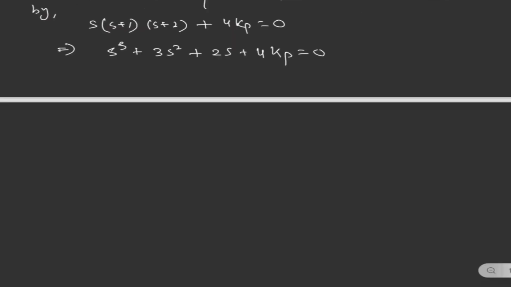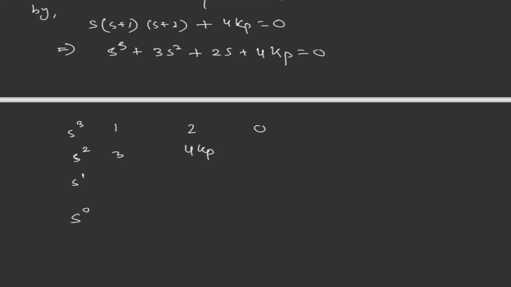Routh array, the way we have done during the study of Routh stability criteria. So the highest power is 3, so the rows will start from S3, S2, S1, S0. For S3, we can form the row 1, 2, 0. And for S2, 3, 4 kp.